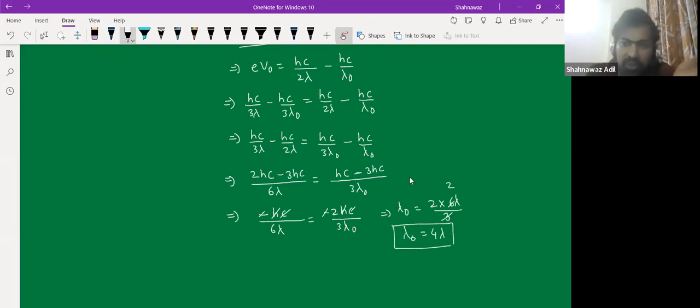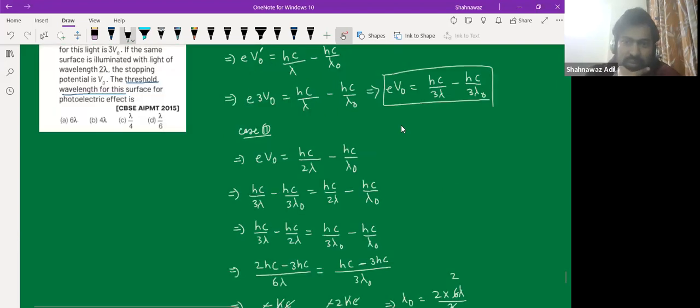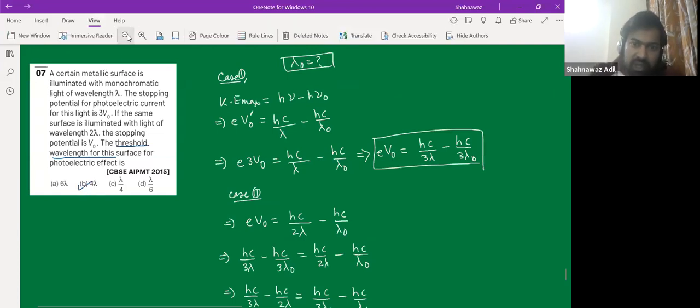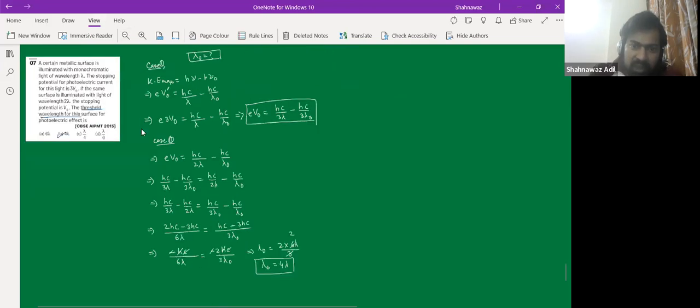Is it clear to you? Clear, yes. So this would be 4 lambda. Please note it down and tell me if you have it down. Please note it down, Aisha.